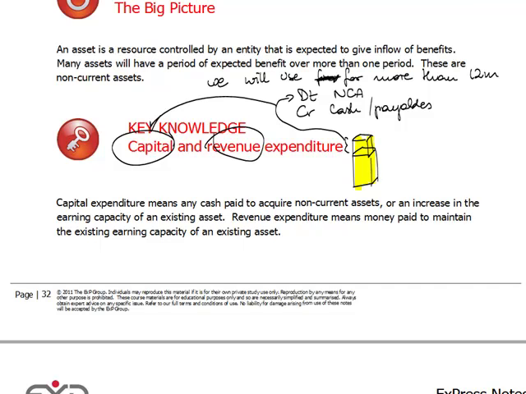It will not increase the capacity of the asset to bring us money because we painted it. So if we spend money in that way, that will be revenue expenditure, not related to earning more money. And as such, it will be posted as debit expenses, credit cash or payables.